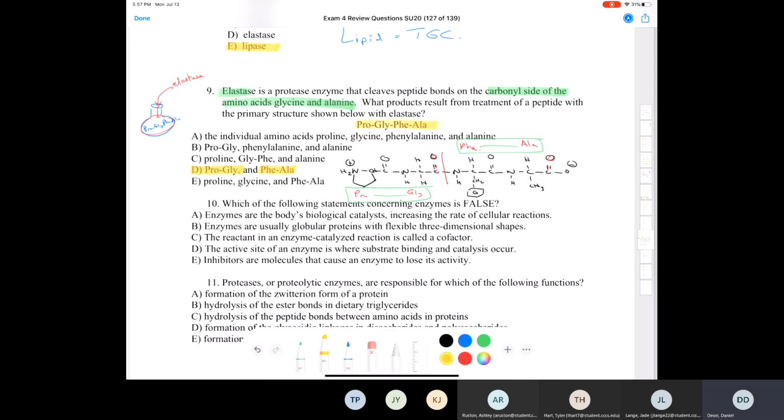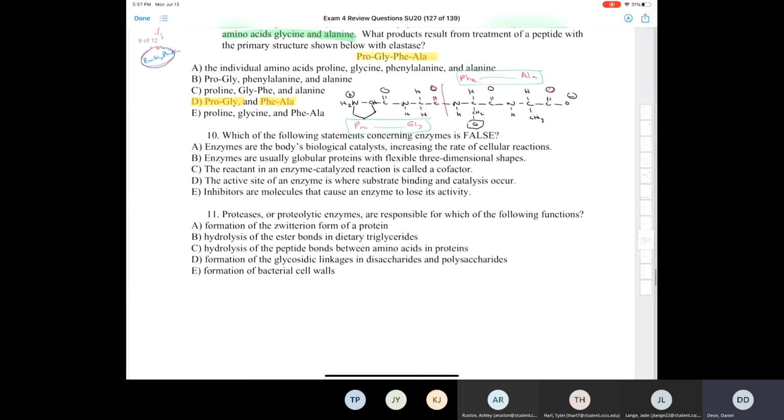Number 10 says, which of the following statements concerning enzymes is false? It says enzymes are the body's biological catalysts, increasing the rate of cellular reactions. Well, if I had to come up with a definition of enzymes, I'd say that's a pretty good one. So that is certainly true. Enzymes are usually globular proteins with flexible three-dimensional shapes.